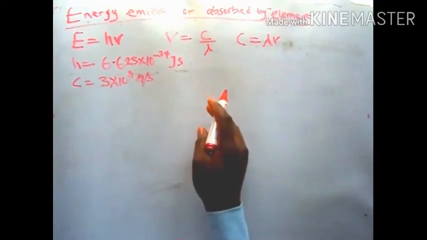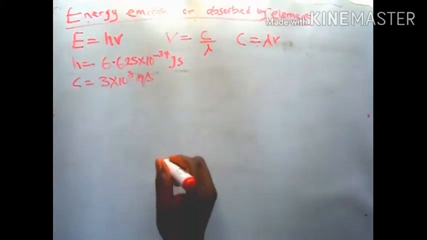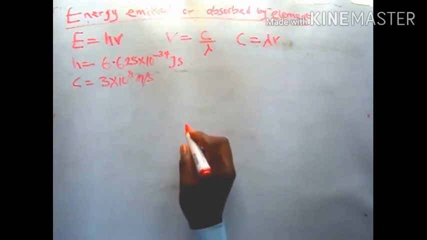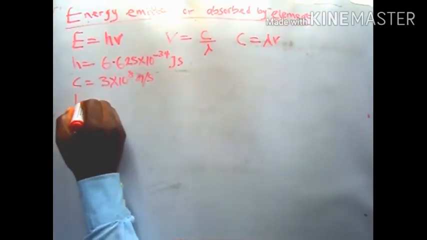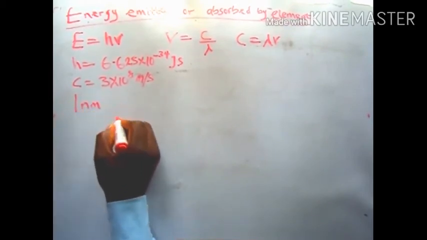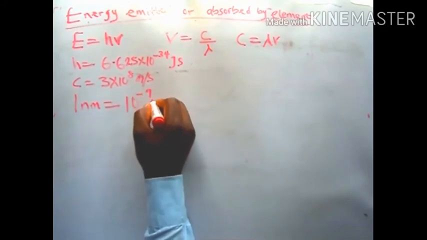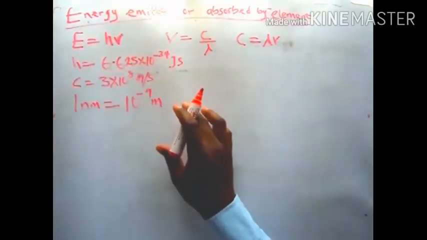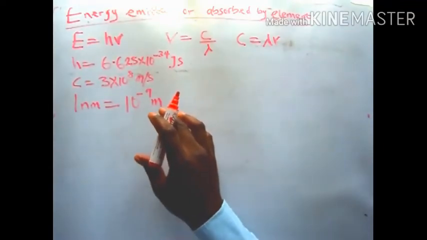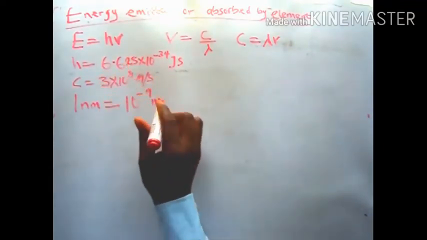That's the value for the speed of light. Let me give you one hint too: 1 nanometer is equal to 10 raised to power minus 9 meters. So these are the parameters we'll be using in our subsequent calculations. Commit them to mind if you don't know them before.